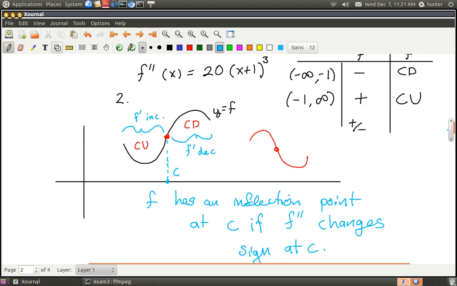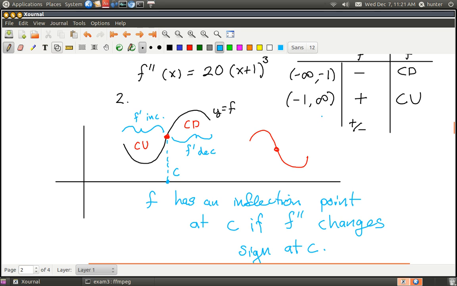And f double prime is the derivative of f prime, just like f prime is the derivative of f. So the increasing and decreasing rule that we talked about in the previous problem applies here. And so f prime is increasing exactly where f double prime is positive, and f prime is decreasing exactly where f double prime is negative, which is why this table gives us the correct answer.